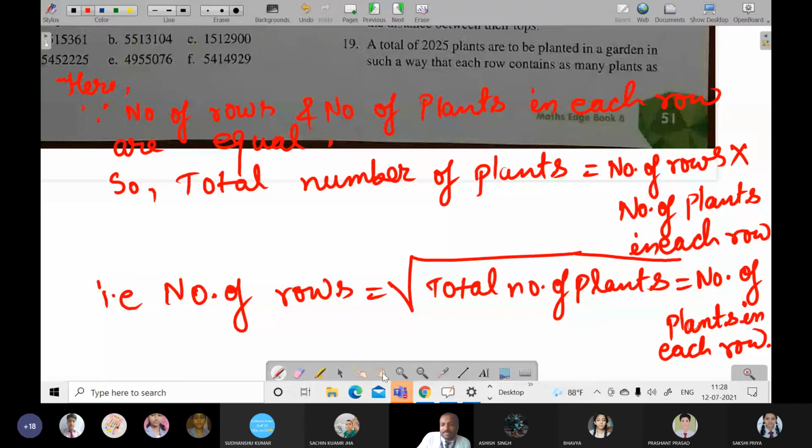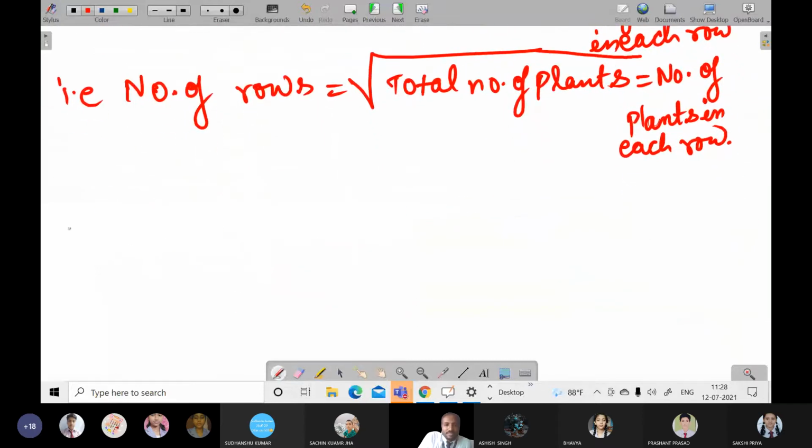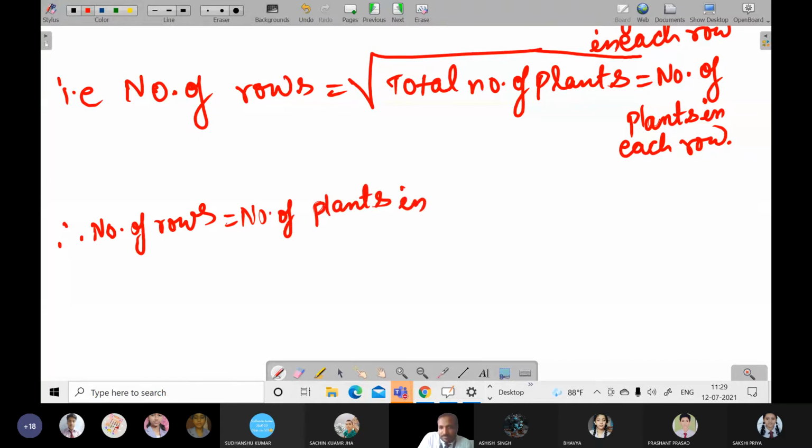So nothing to do. Now you will be finding root under 2025. Therefore, the number of rows is equal to the number of plants in each row, which is root under 2025.